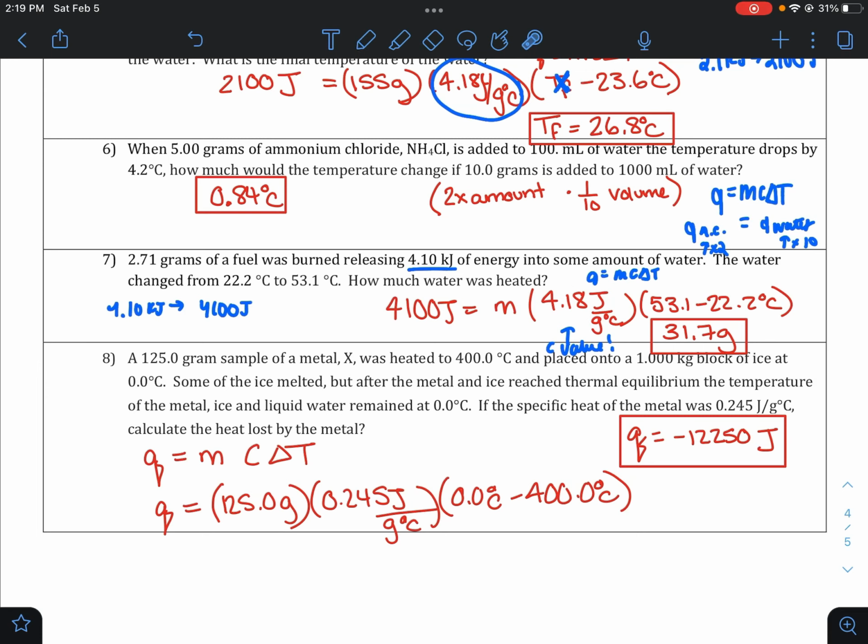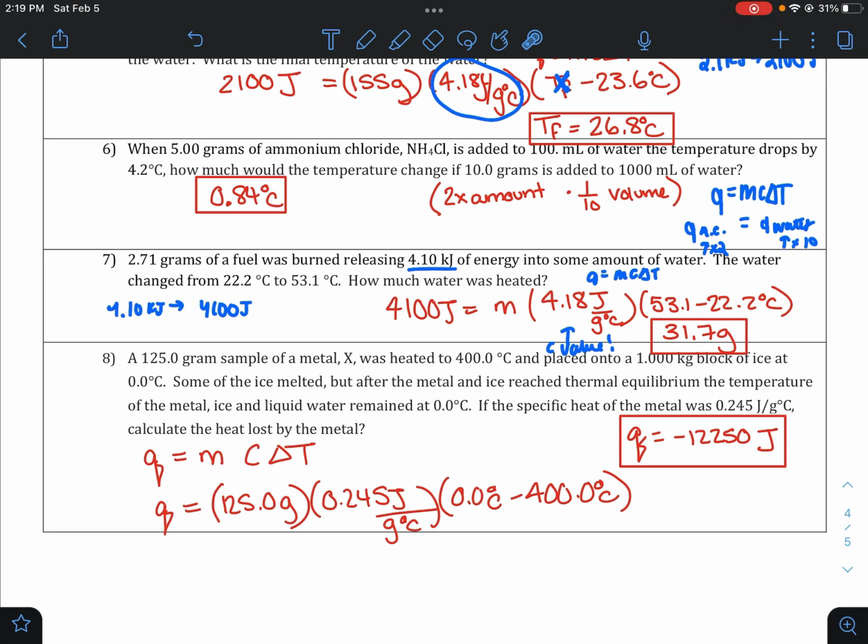And then finally the last one here. A 125 gram sample of metal X was heated to 400 degrees and placed in a 1 kilogram block of ice at 0 degrees. Some ice melted, but after the metal reached thermal equilibrium, the temperature of the metal, ice, and liquid all remained at 0 degrees. If the specific heat capacity was this, calculate the heat lost by the metal.